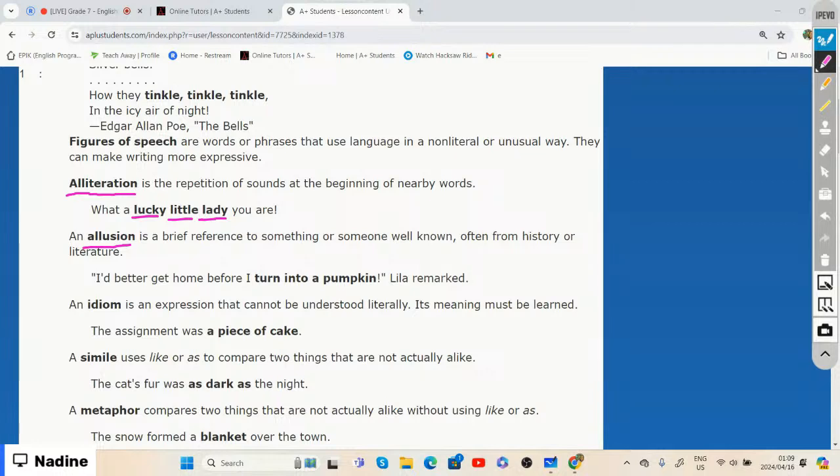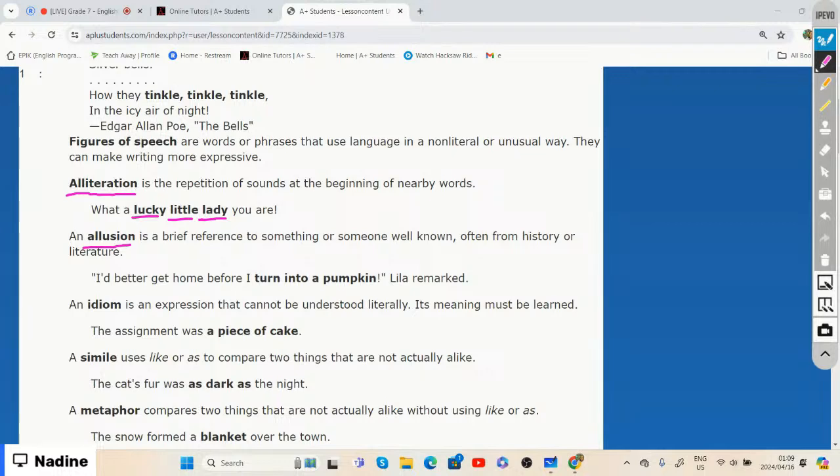Usually, it's from history or from literature. It's a brief reference to someone or to something that is well known. And like we say, it's often either from history or from literature.